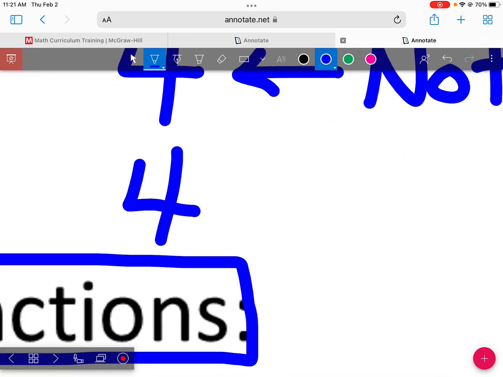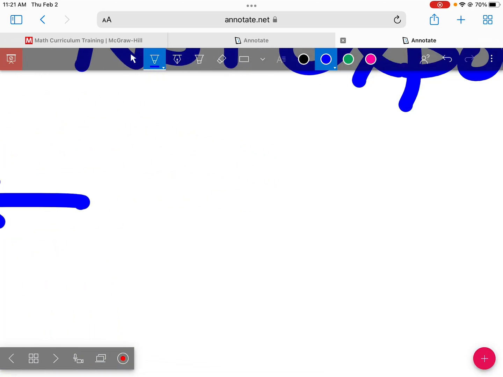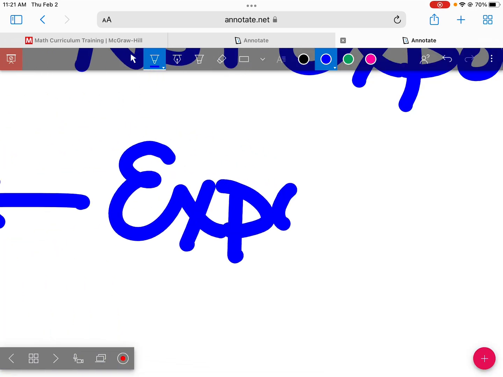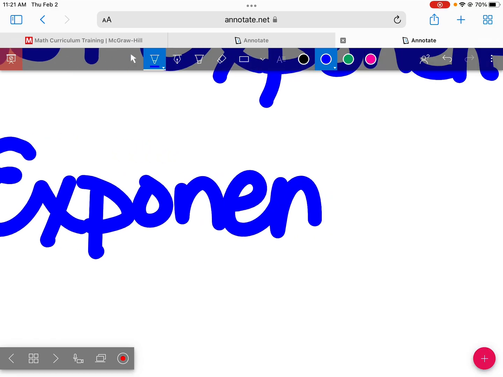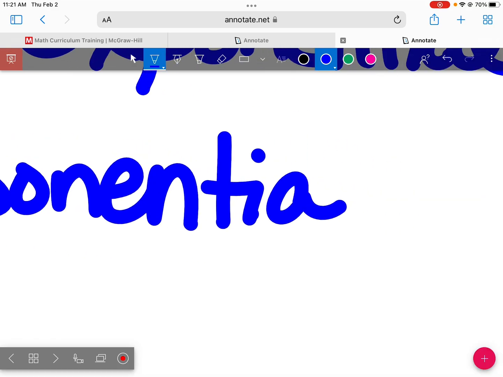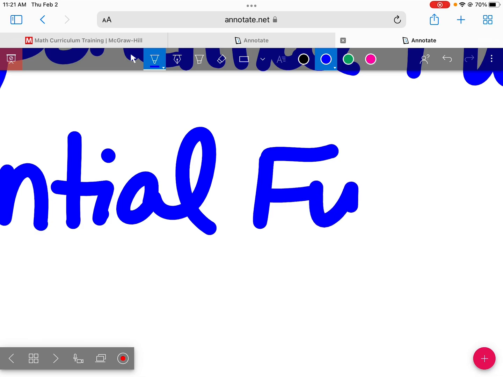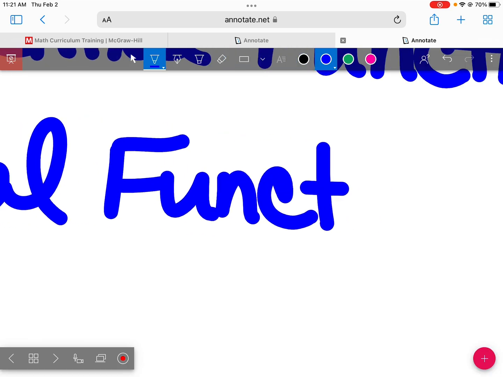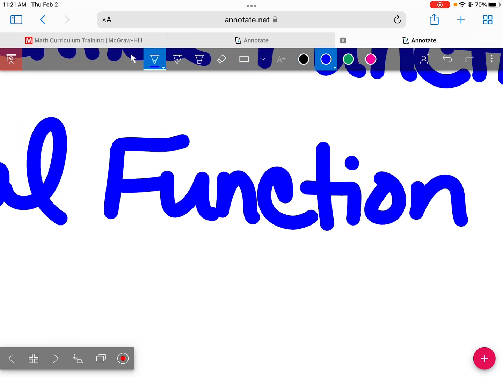So if I had this, would that be an exponential function? Yes. This one is an exponential function.